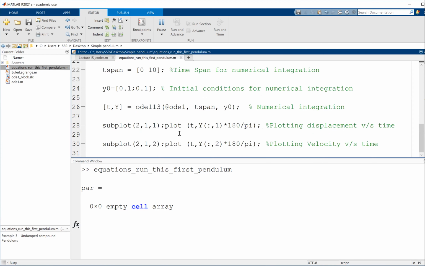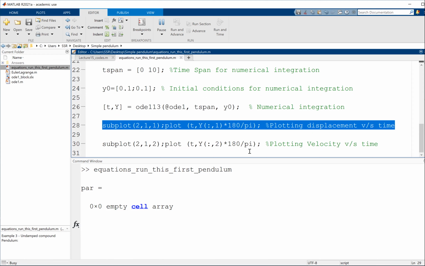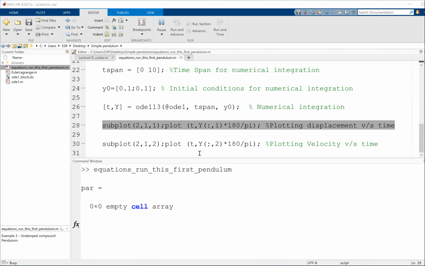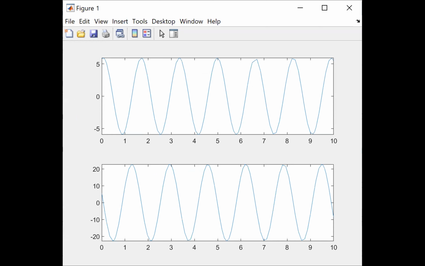Finally, it's still busy, it's working through the system, and then it will generate these plots. Are you able to get these plots? Any questions here? Yes.